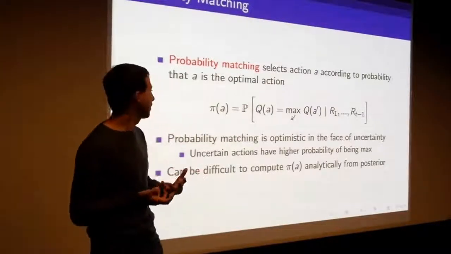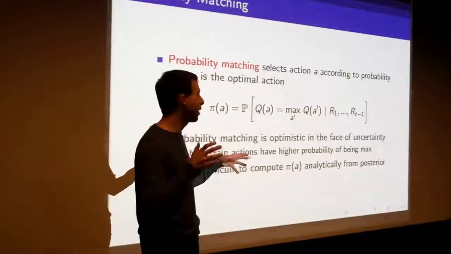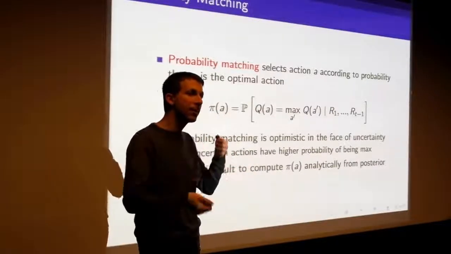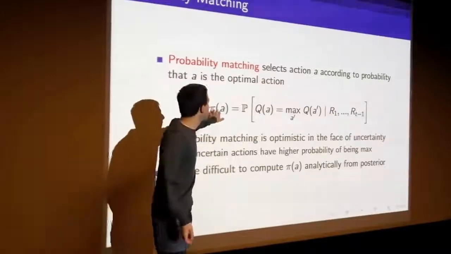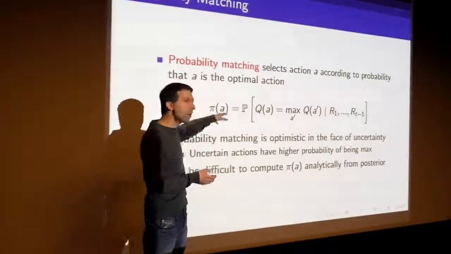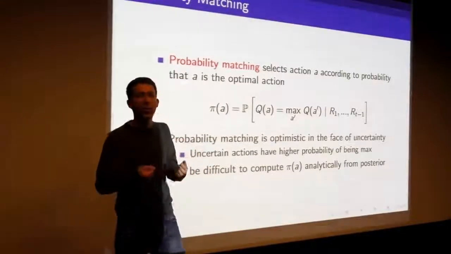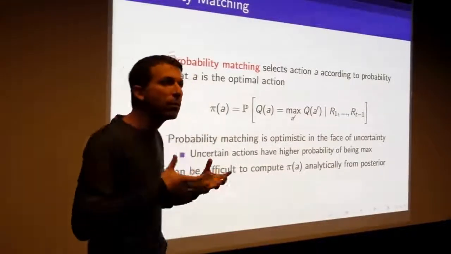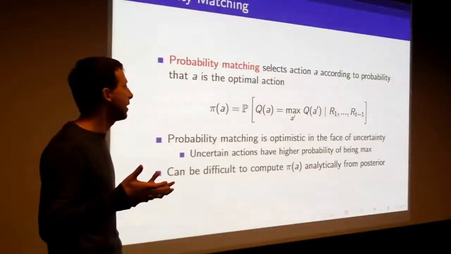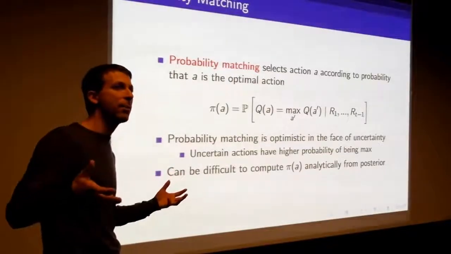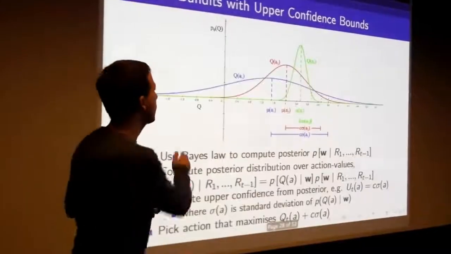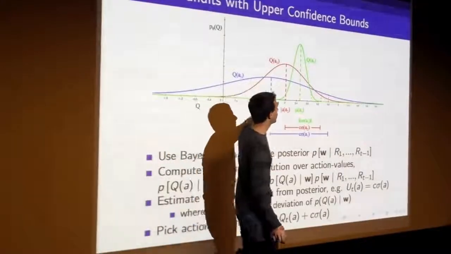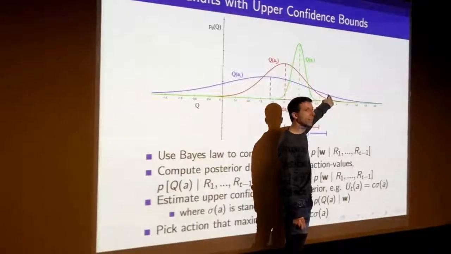In other words, if we've got some uncertainty over our Q values, and we just probability match, we automatically pick things which have higher uncertainty. The more uncertainty there is in something, the more chance that thing actually could turn out to be the max. In other words, if we look at these distributions again, what's the probability that blue is actually going to end up being the max?